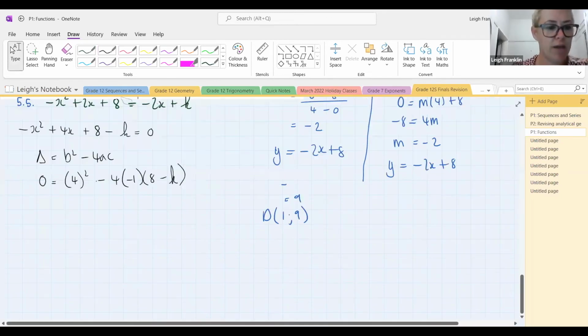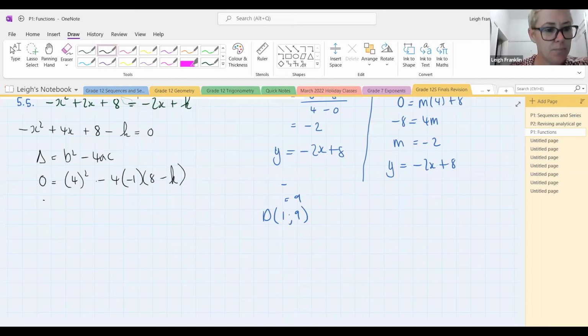Now we're going to solve for k. So this gives us 0 equals 16, and now minus 4 times minus 1 times 8, which is going to leave us with positive 32. And then minus 4 times 1 is 1 times negative k, which leaves us with minus 4k, like so.